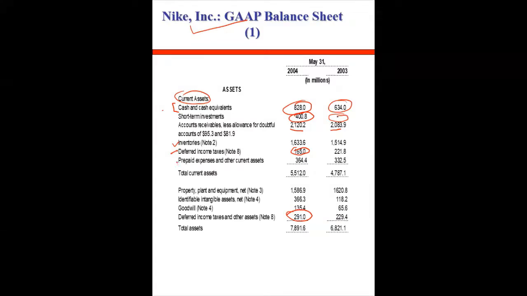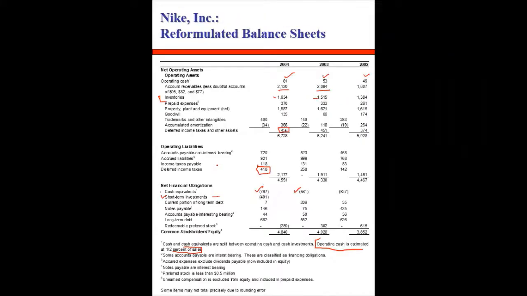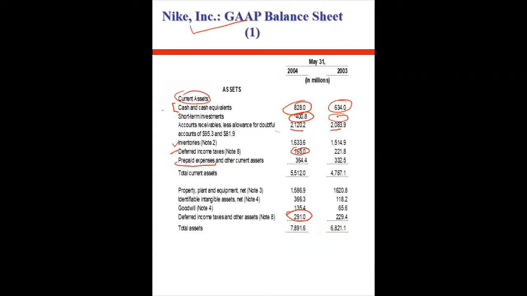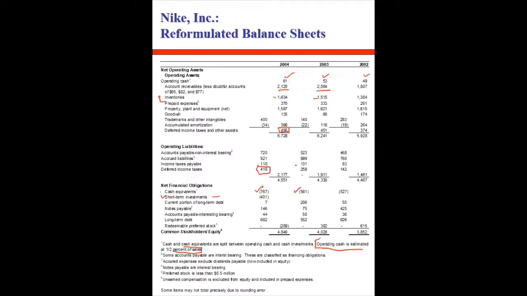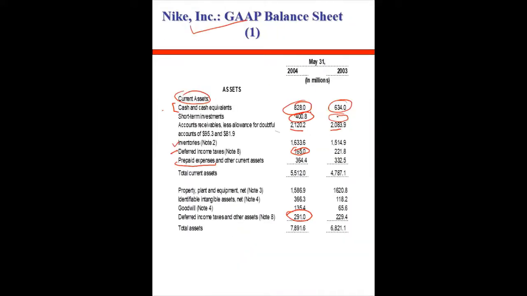So generally it is to be considered as operating assets as long as we have no other information. So prepaid expenses as 370. Prepaid expenses 332. These are here. There's some general rounding.